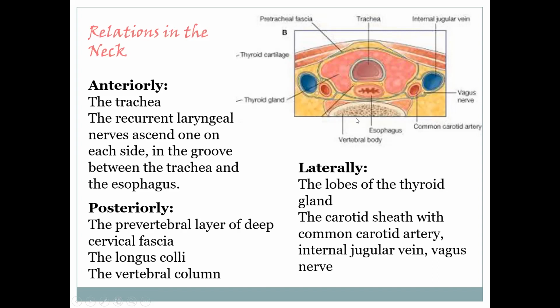Posteriorly, it has the prevertebral layer of the deep fascia, the longus colli muscle and the vertebral column. Laterally, it has the lateral lobes of the thyroid gland. Then it has the carotid sheath with its contents. What are the contents of the carotid sheath? Those are the common carotid artery, internal jugular vein, and the vagus nerve.